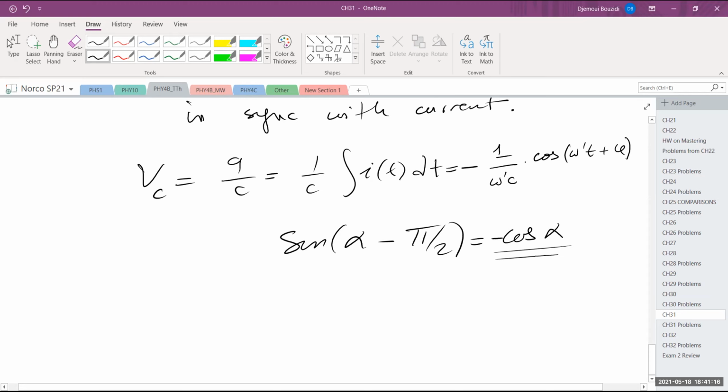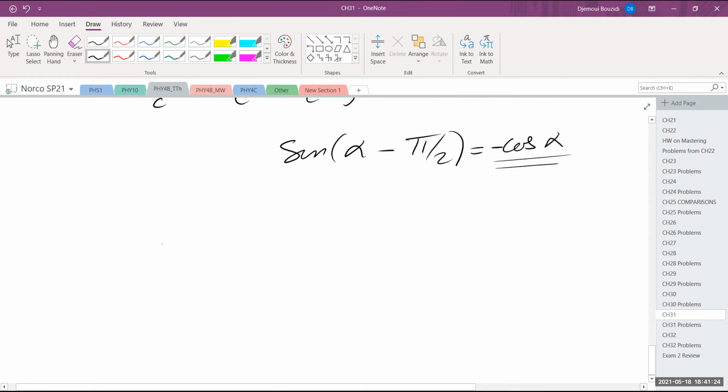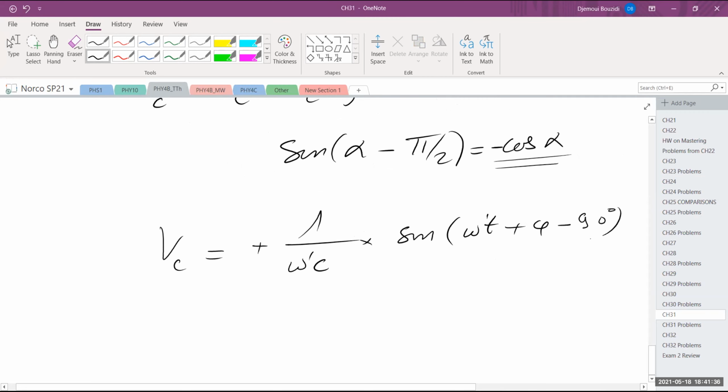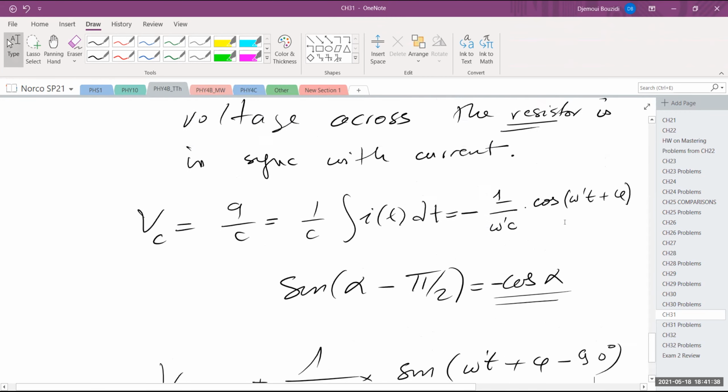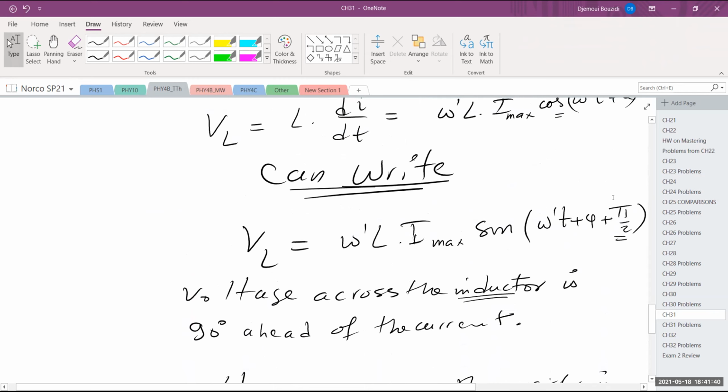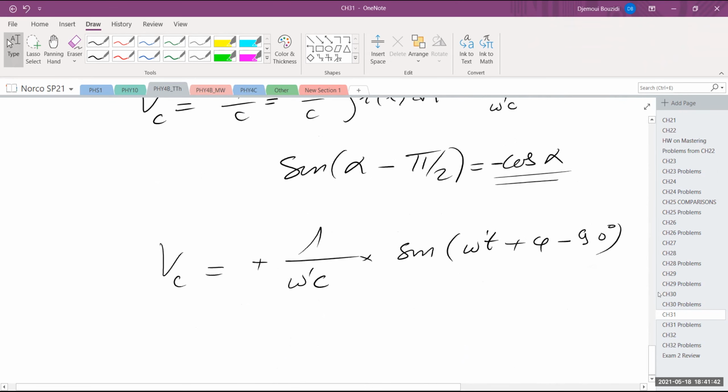So this is exactly what I need. I have a minus cosine, so I want it to be a sine with a positive sign. So in this case, VC will be equal to a positive omega prime C times a sine of omega prime t plus phi minus 90 degrees, okay? So it looks similar, except that instead of positive 90 degrees, I have a negative 90 degrees.